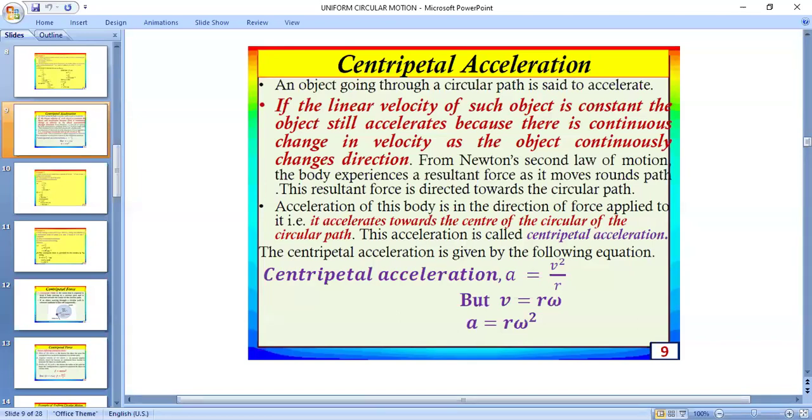Substituting in this equation, we get acceleration a equals (omega r) squared over r. Remember, v is squared. So simplifying, we have acceleration equals omega squared r squared over r. Therefore, acceleration a equals omega squared r. So the second formula for centripetal acceleration is given by omega squared r.